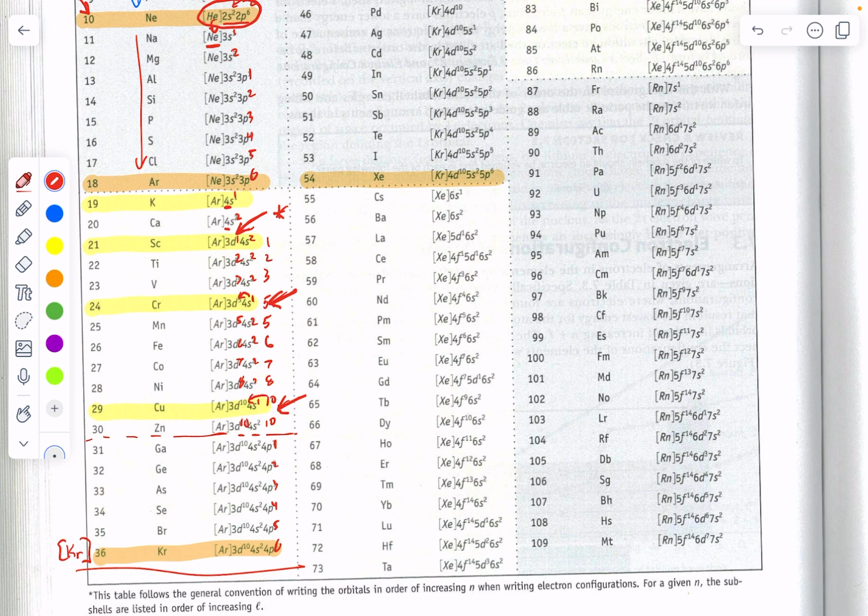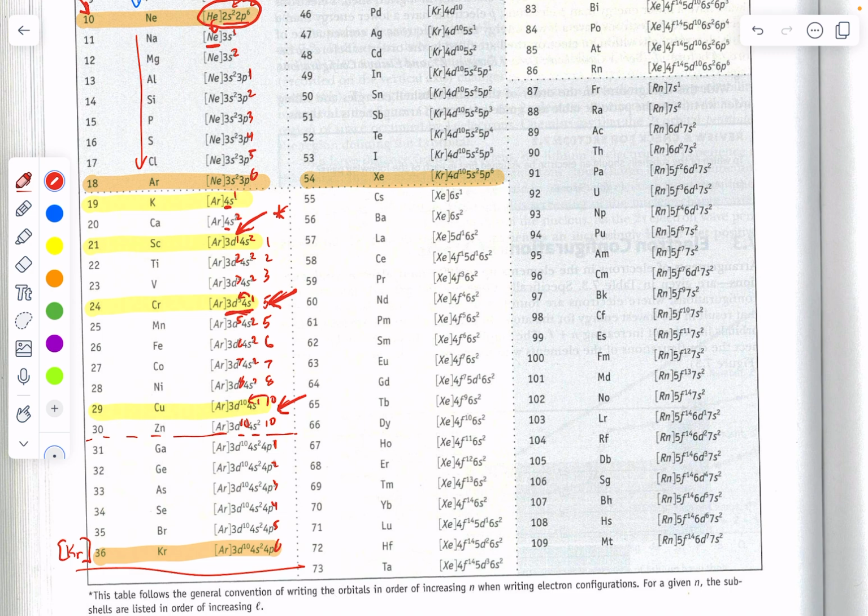And that other factor has to do with stability based on thermodynamic principles, which we talked about a little bit in Chapter 5, and we'll talk a lot more about second semester. And so stability rules the day, and things want to be as stable as possible. And it's more stable to have the D subshell filled and the S subshell not filled when you get this close to having the D subshell filled.